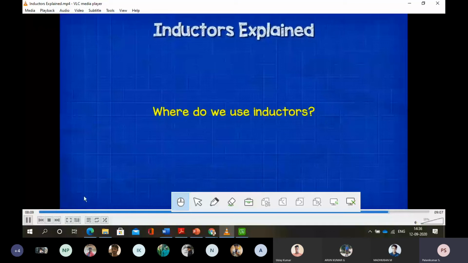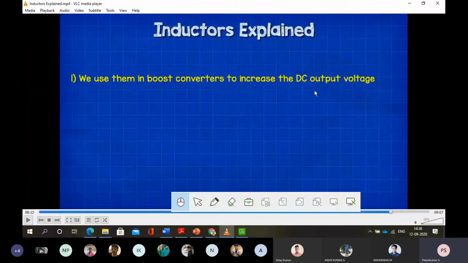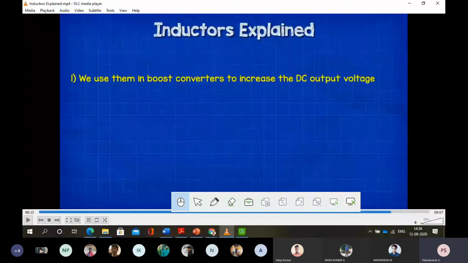Where do we use inductors? Mainly in a boost converter, to increase the DC output voltage. A very important characteristic of an inductor is that it can momentarily transfer very high energy, that means in terms of voltage. So I have one circuit arrangement, and whenever I need to boost the voltage, what do I have to do?